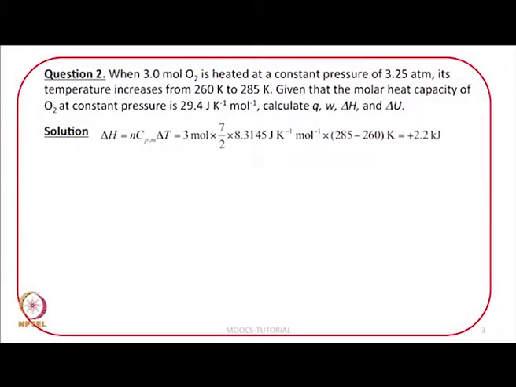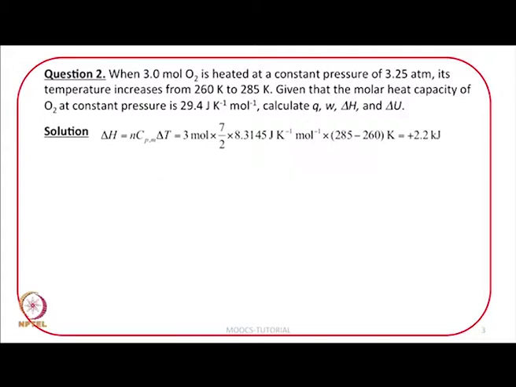Delta H is equal to N times Cpm times delta T. N is 3 mole, Cpm as I just discussed is 7 by 2 into R. Let us choose the units to be 8.3145 joules per Kelvin per mole, and the difference in temperature is 285 minus 260 Kelvin.